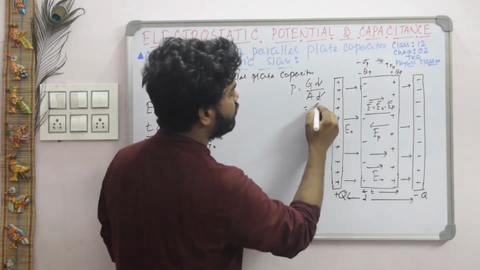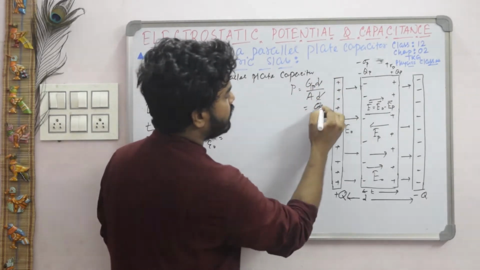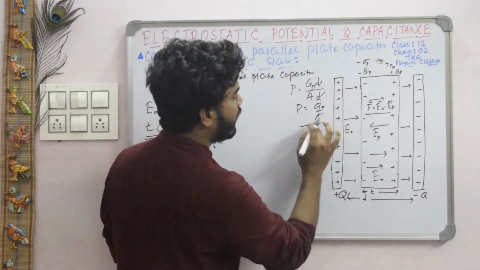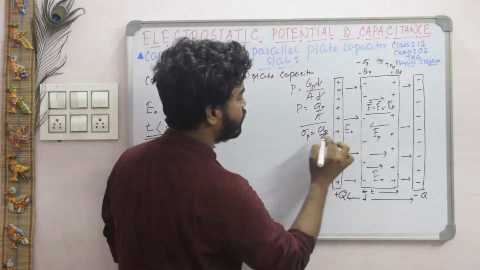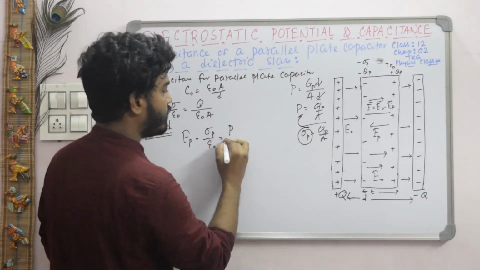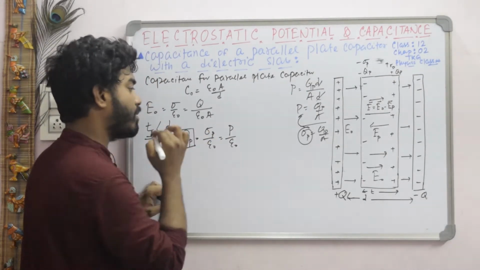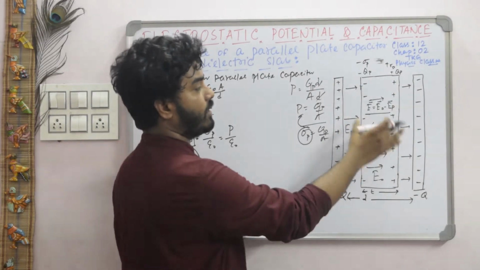So the length cancels out, giving QP by A, where the induced dipole moment is QP into D. So polarization density is QP by A, and you know the sigma P expression is also QP by A. So we can say sigma P is equal to P. So we can write P by epsilon naught, and this is the amount of electric field developed inside the dielectric slab.